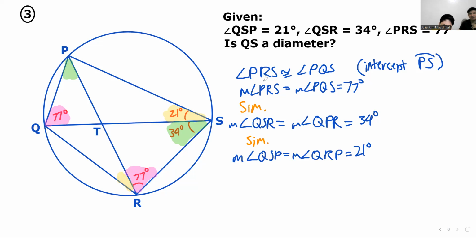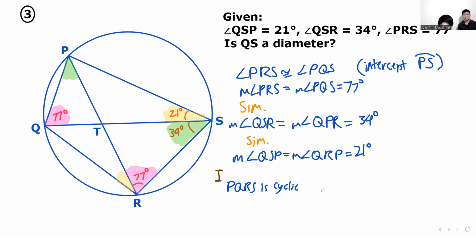Okay, how about the missing angle QPR? There are two ways we can do this. One is that PQRS is cyclic.